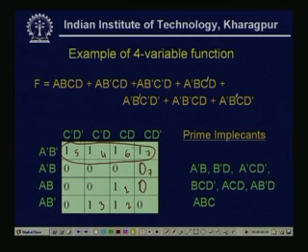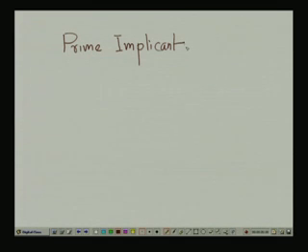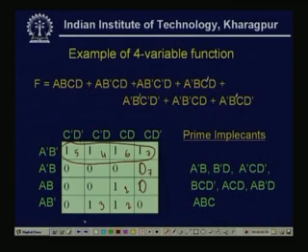So, for this the prime implicant, if I write the prime implicants, so for the one is A bar B bar, because this is nothing but the first row.